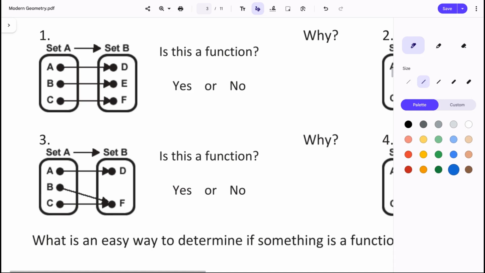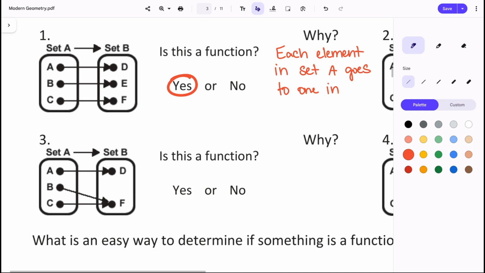So if we're asking ourselves, is this a function or not, we're going to be able to say yes, because each element in set A goes to 1 in set B. Again, nothing in set A is trying to be split. A is not being split. They all have one arrow coming off of them to show where they are going.